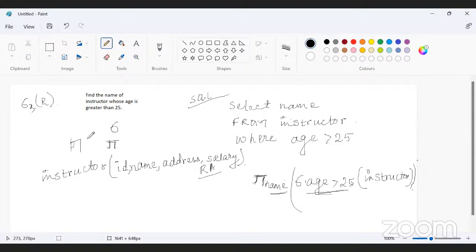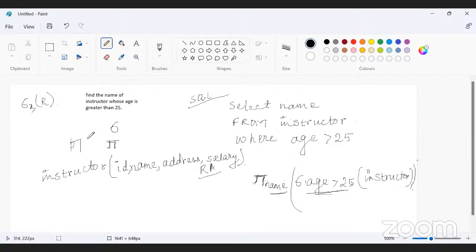In this example, find the name of instructors whose age is greater than 25. The SQL statement is select name from instructor where age is greater than 25.